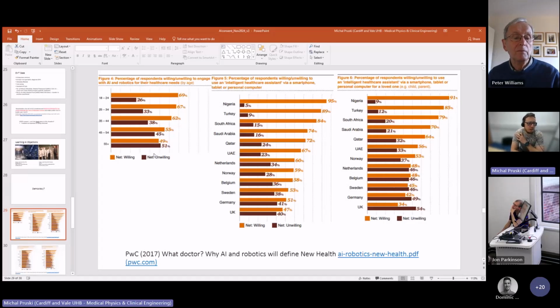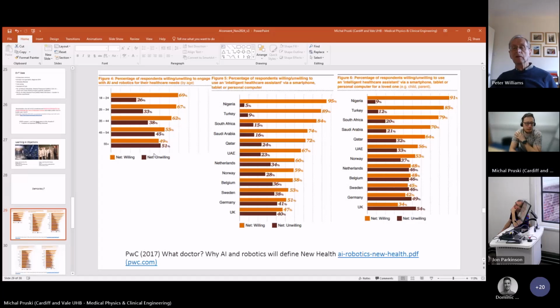Well, unsurprisingly, it turned out that the younger you are, the more willing you were, and the older you were, the more unwilling. But also interestingly, from at least the countries they put on the graphs, the UK seemed to be the most unwilling country for having intelligent healthcare in smartphones or in the care of their loved ones used.